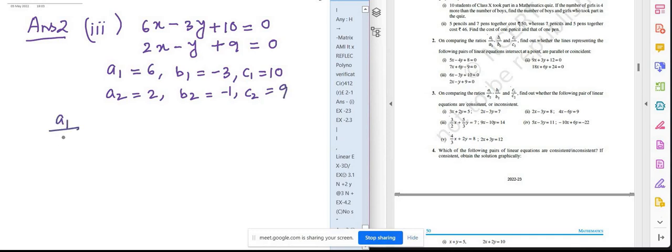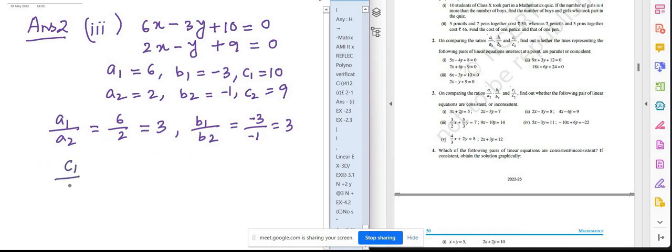Now A1 by A2 equals to 6 upon 2 equals to 3. B1 by B2 equals to minus 3 by minus 1, that is also 3. If you get these two same, then C1 by C2 also you have to find. So C1 by C2 equals to 10 upon 9.